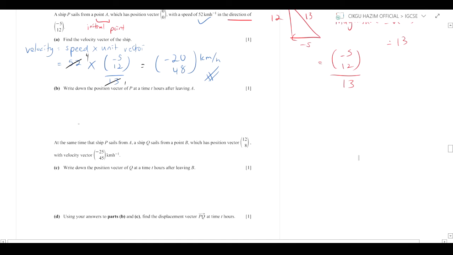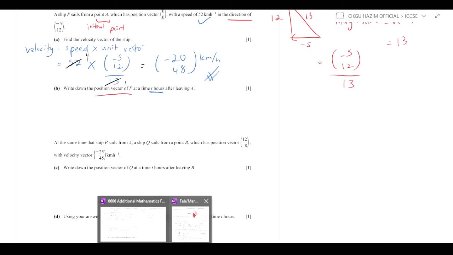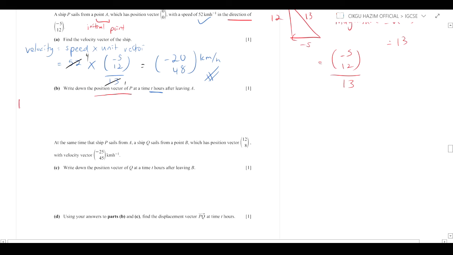So next thing, write down the position vector of P at time t hours, which is in terms of t. We don't know what the time is here, which is in terms of an unknown, after leaving A. Remember, for the position vector I have a formula, which could be similar to your teacher's formula: the position vector is equal to the initial vector, plus the velocity multiplied by time.